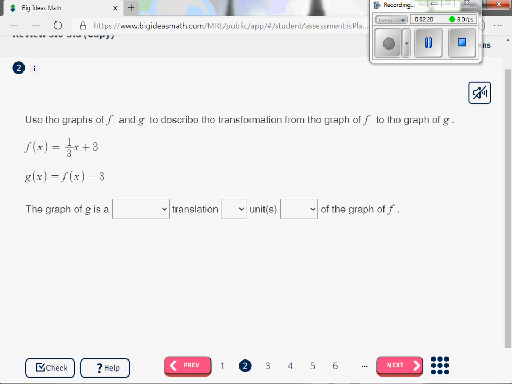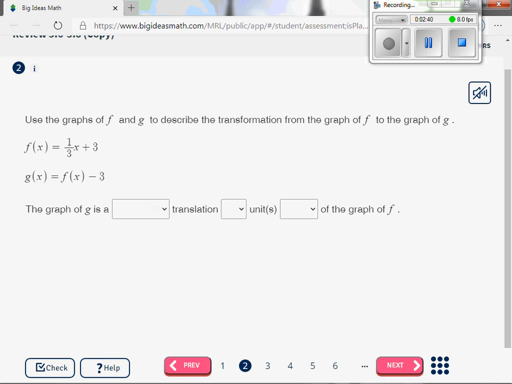Use the graphs of f and g to describe the transformation from the graph f to g. So going from f to g. Now when I look at g of x, I have f of x minus 3. Since we have something added or subtracted outside the parentheses, it's either moving up or down.